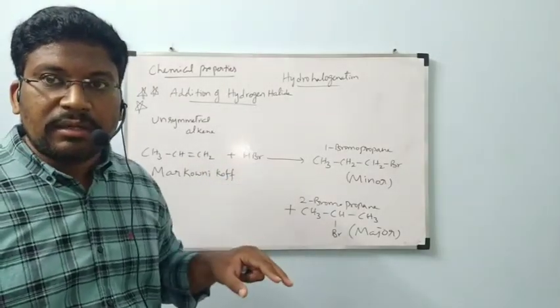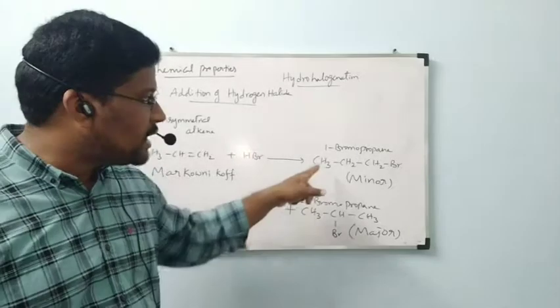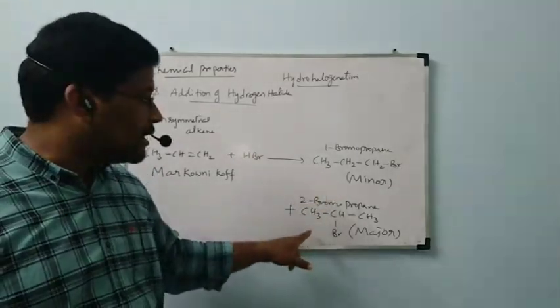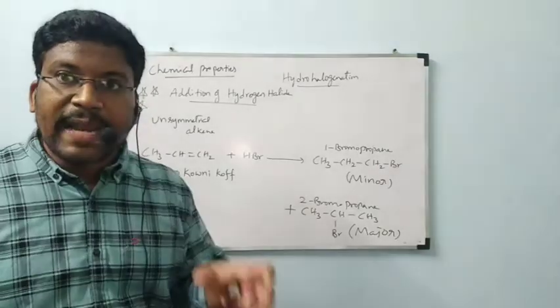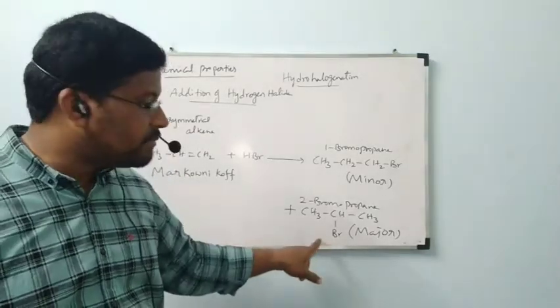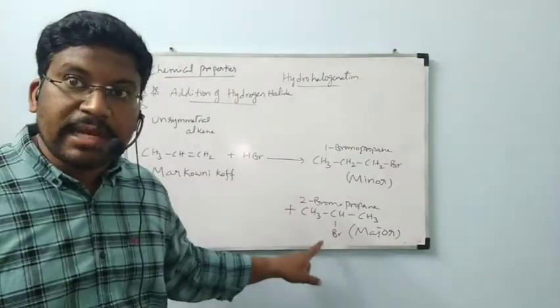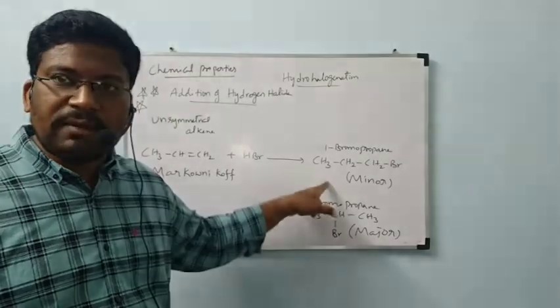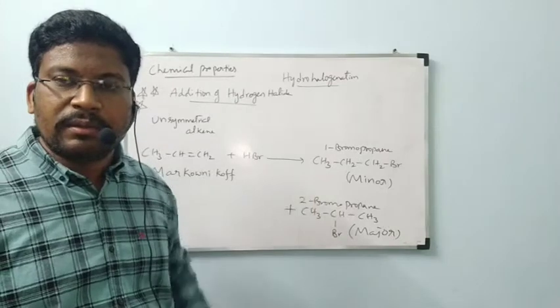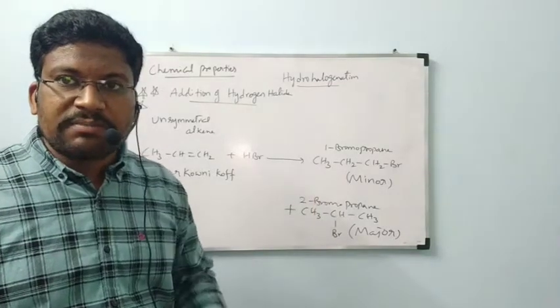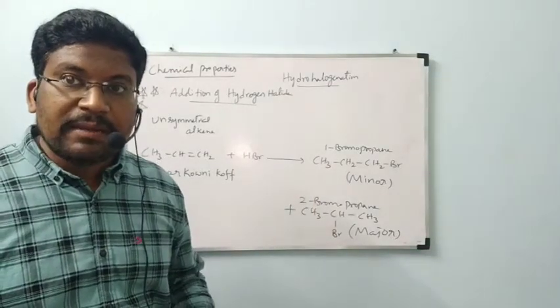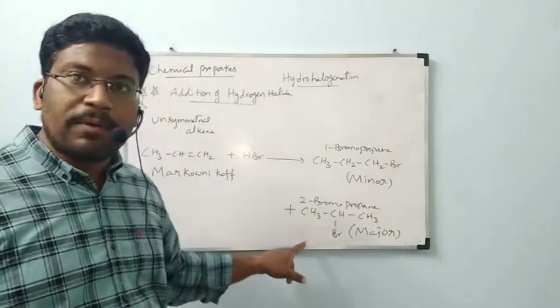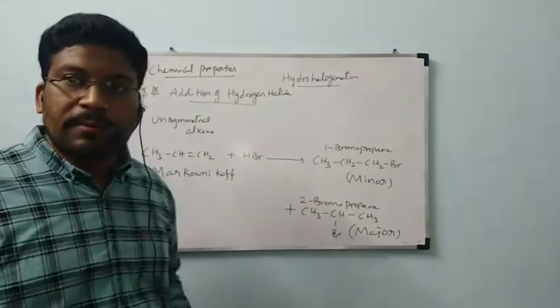In that, all the molecules cannot be converted to 1-bromopropane or 2-bromopropane. 80 molecules will be formed as 2-bromopropane, that means 80% is formed. Only 20 molecules are formed as 1-bromopropane. Which one is the major product? We will get a major amount of 2-bromopropane when compared to 1-bromopropane.